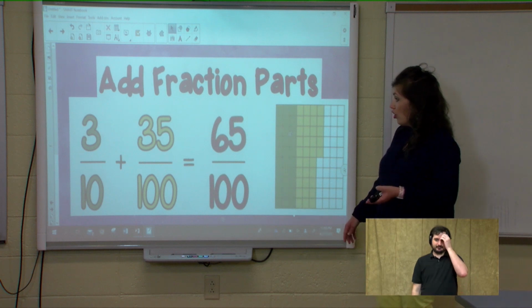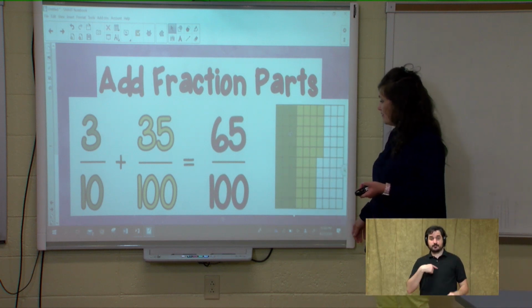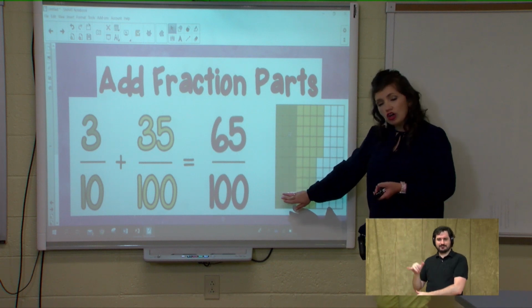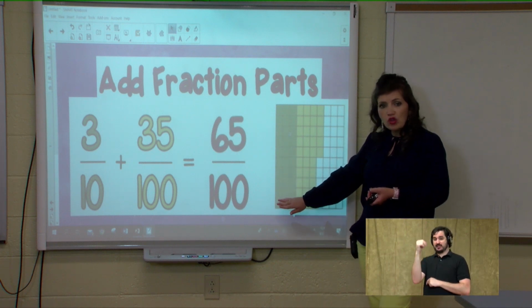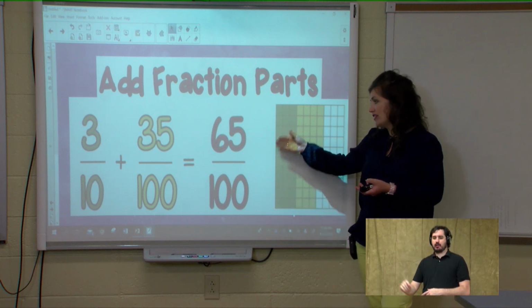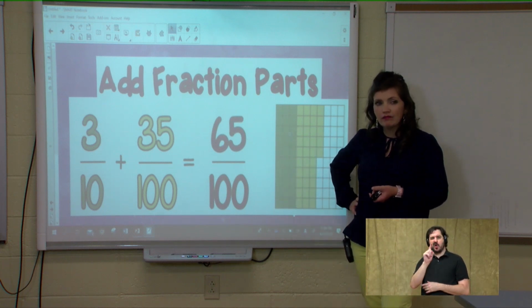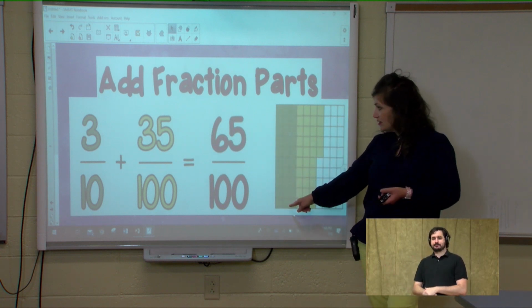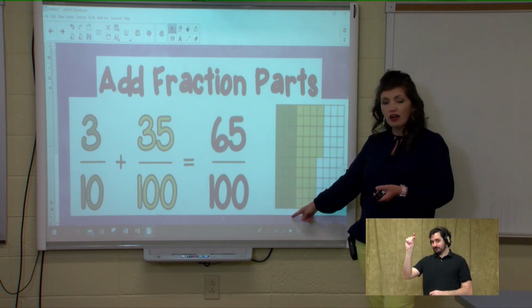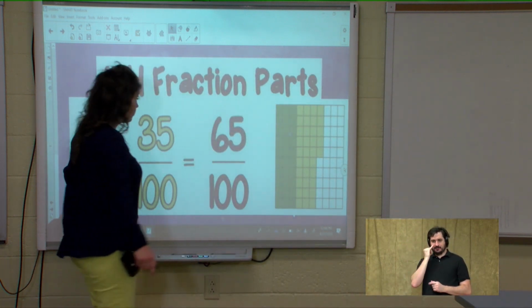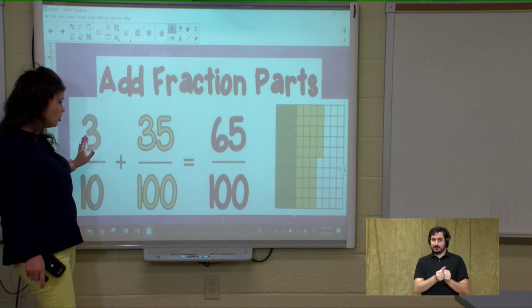All right. So we could also do it by using our place value tile. I have 3 tenths shaded in dark green. Well, what would be my equivalent fraction in hundredths for 3 tenths? How many hundredths would that be? Well, let's see. 10, 20, 30 hundredths. So if I changed this, now remember, we can't add them until I change it.